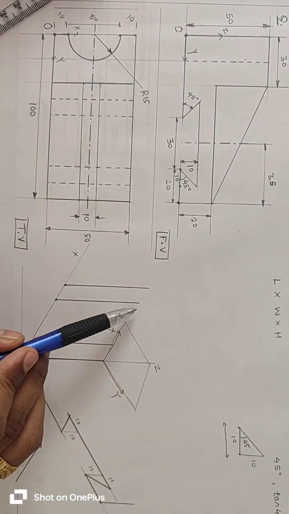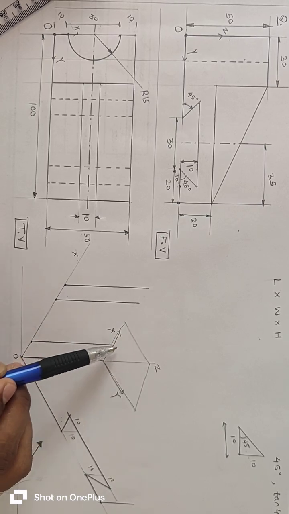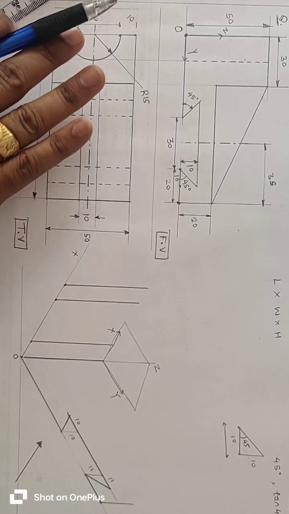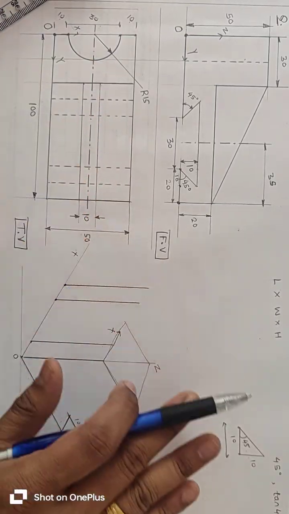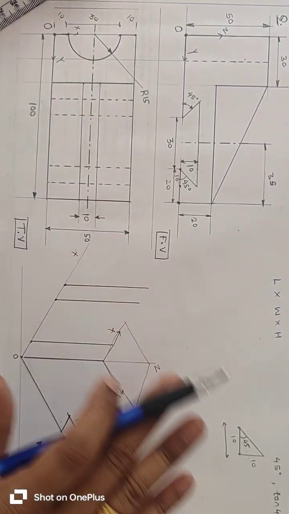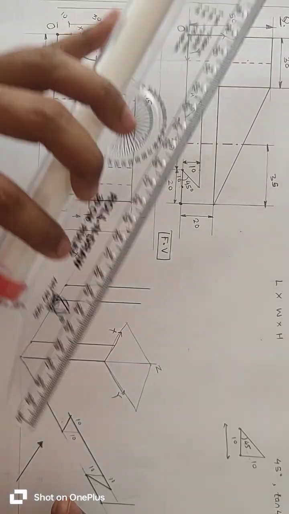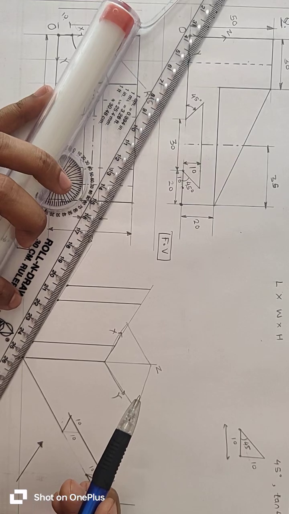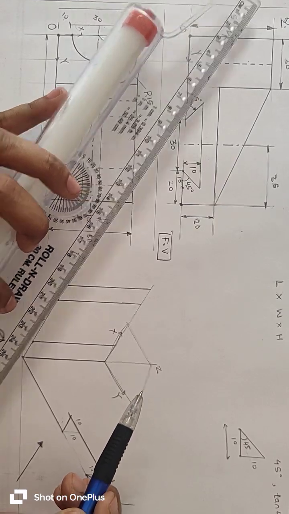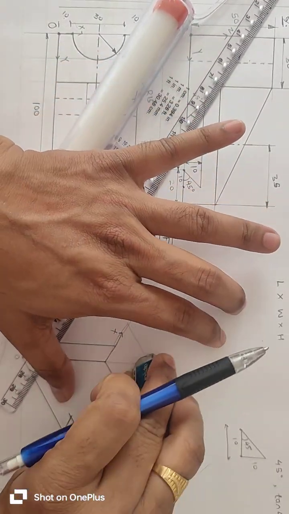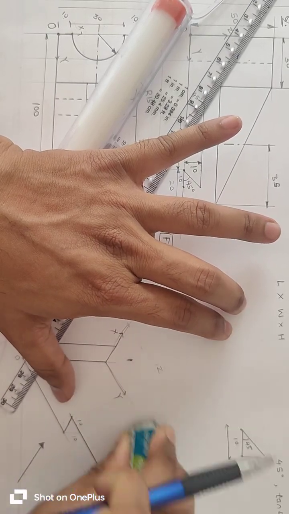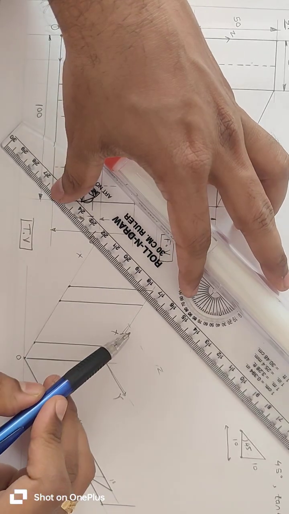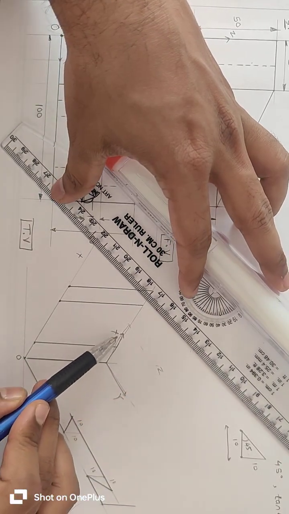Now in between these 2 points there is a semicircle, and this semicircle is on the top surface. This top surface is parallel to the top view. So first we will draw a rhombus for that semicircle. The top view has the xy plane.